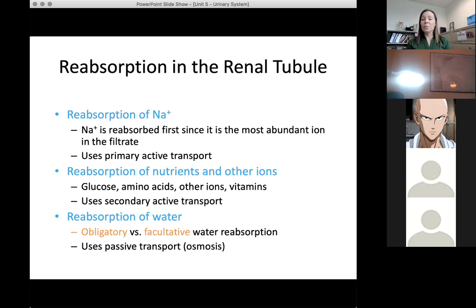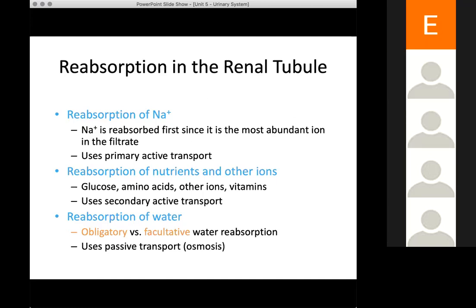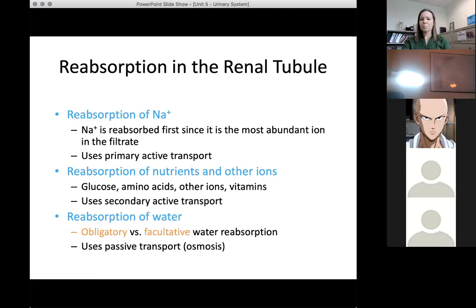And this is how about 90% of water gets reabsorbed. Okay, so basically, remember, sodium goes first.